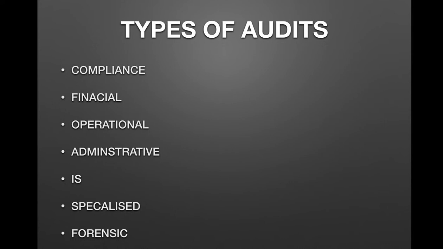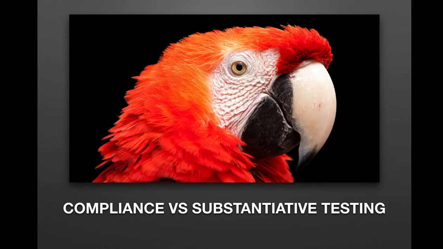A forensic audit is conducted to reduce fraud or any financial claims that go towards the company. And this can be shown as evidence in a court of law. You can think about your CSI and Law and Order kind of serials, where they show all this forensic evidence being taken. That's a forensic audit, the easy way to remember it.